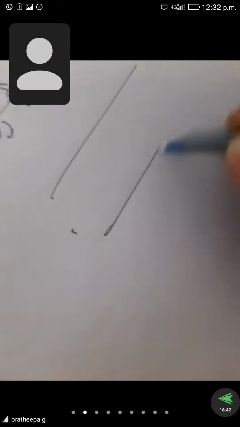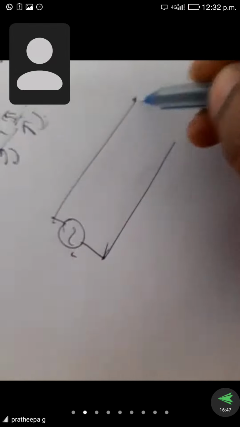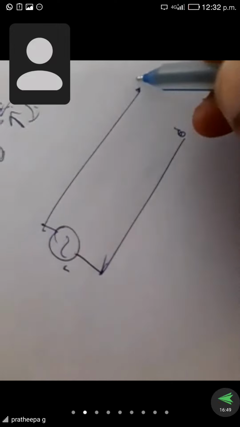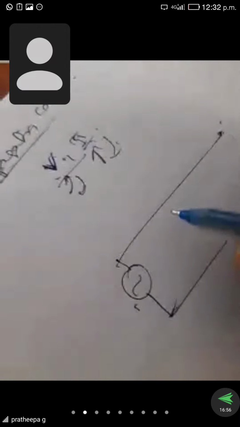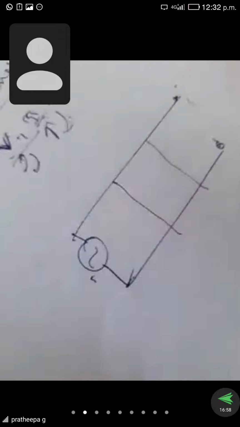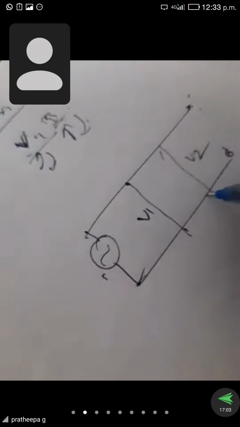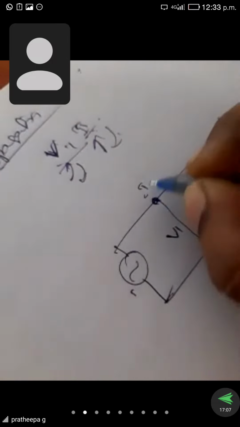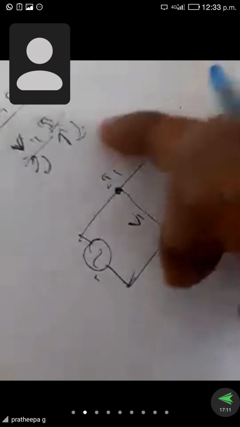If it is a transmission line, we have a voltage source, and at the output terminals we can take the voltage also. We consider the voltages V1, V2, measured here and here, and currents I1 and I2, for 1 unit length.